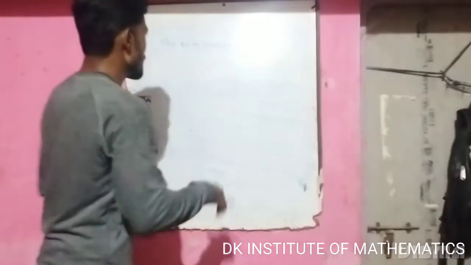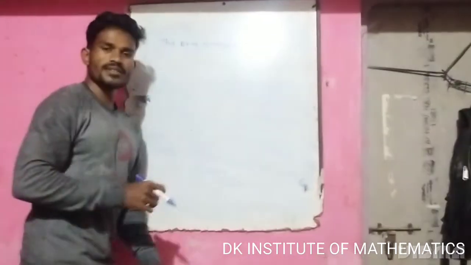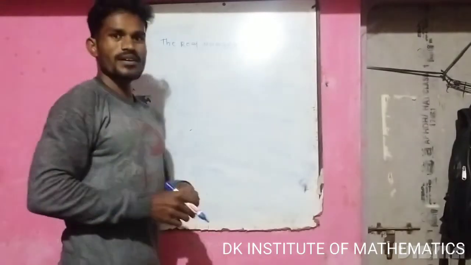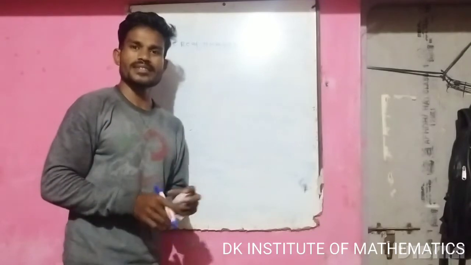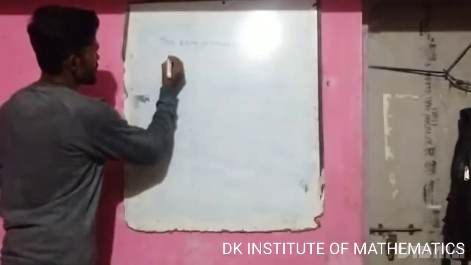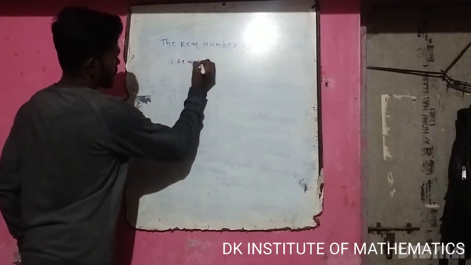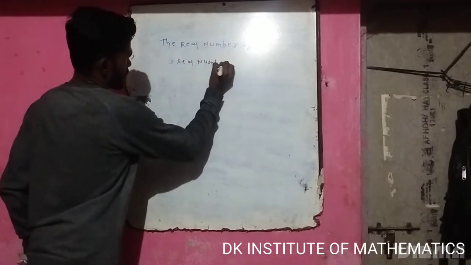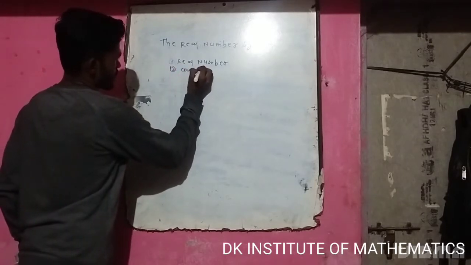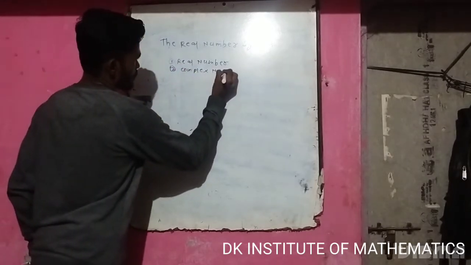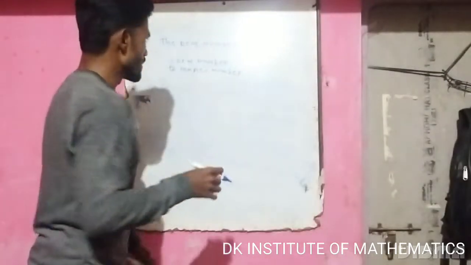So now we can start the real number system. We know that there are two types of numbers in real analysis.